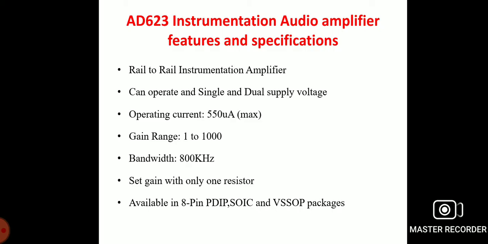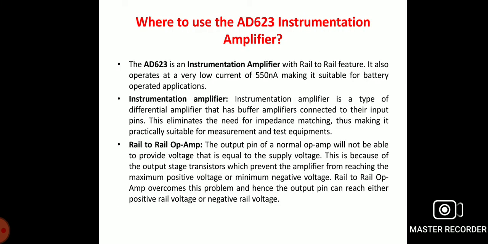Now we are moving to where to use the AD623 instrumentation amplifier. The AD623 is an instrumentation amplifier with rail to rail features. It also operates at a very low current of 550 microamps, making it suitable for battery operated applications.